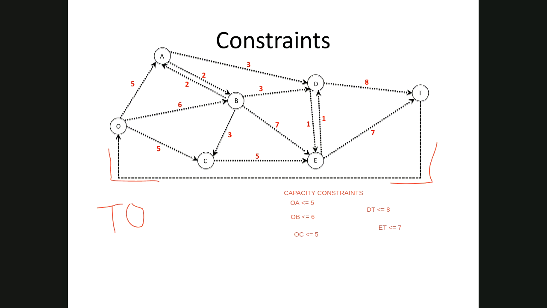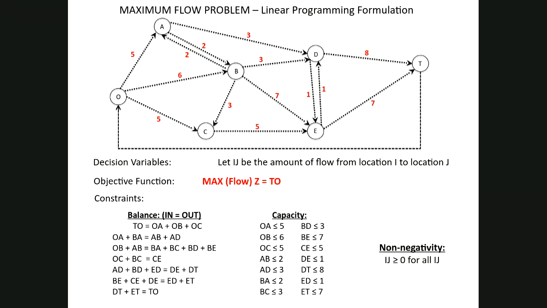With that said, you should now be able to infer the entire formulation for this maximum flow problem. I to J is the amount of flow from location I to J. We're going to maximize the flow from T to O. We're going to have 7 balance constraints for the origin, A, B, C, D, E, and the terminal.